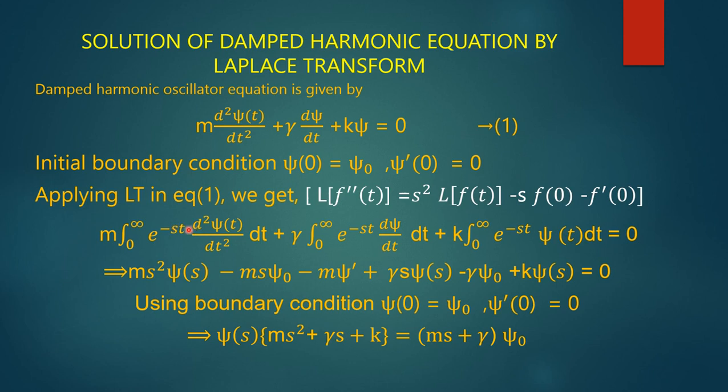and we can write this by using the standard formula: the Laplace transform of the second order derivative of function f(t) is equal to s² times the Laplace transform of f(t) minus s f(0) minus f'(0).